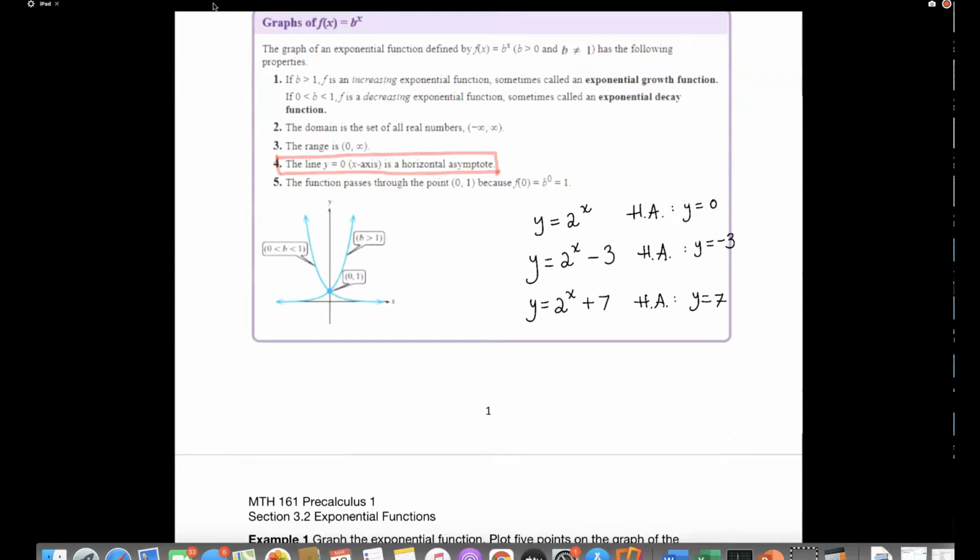So let me box that information right here for you. Domain is the set of all real numbers, negative infinity to positive infinity. But range, if it's not translated vertically, is going to be from 0 to positive infinity. So it's going to be true for this function.